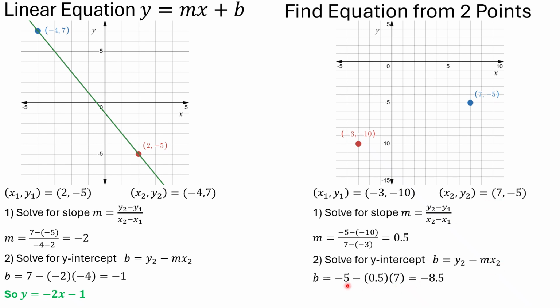So -5 minus 7 times 1/2, or 3/2. So I get -8.5. So I'll plug that into my equation. I have my slope 0.5x minus 8.5. And we have that here.